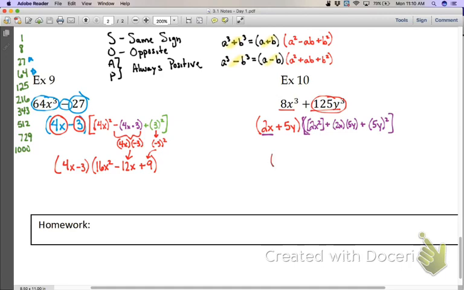It's still just going to be 2x plus 5y, then in the second parenthesis I'm going to have 4x squared, minus 10xy, plus 25y squared.